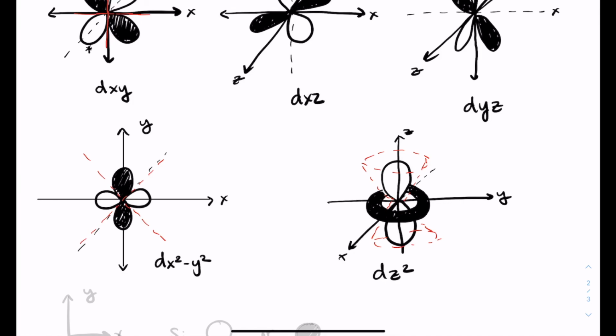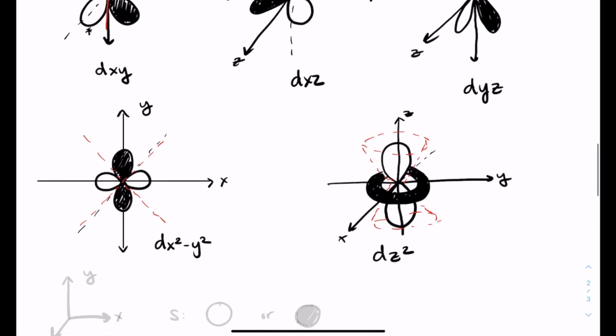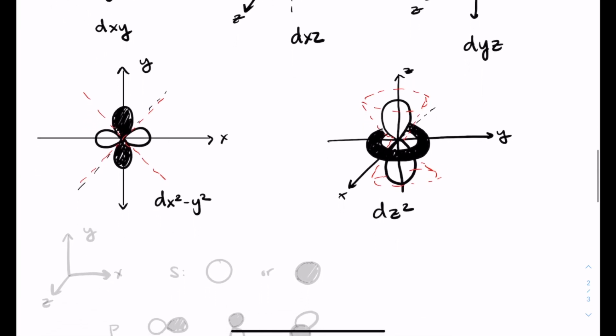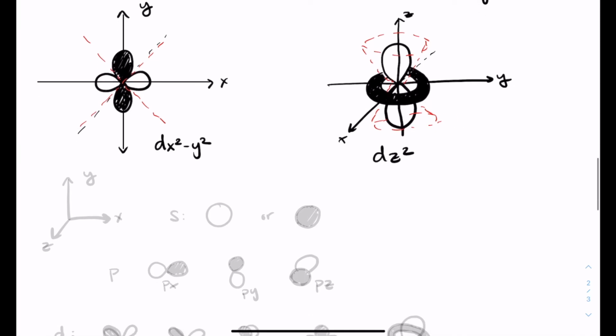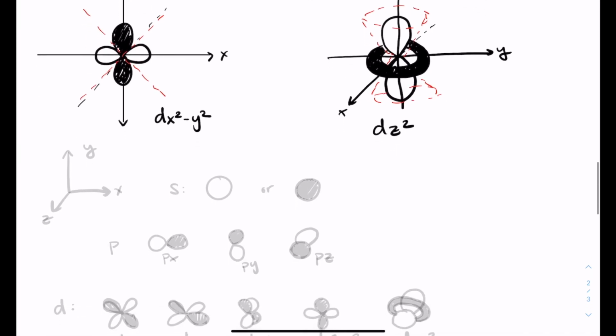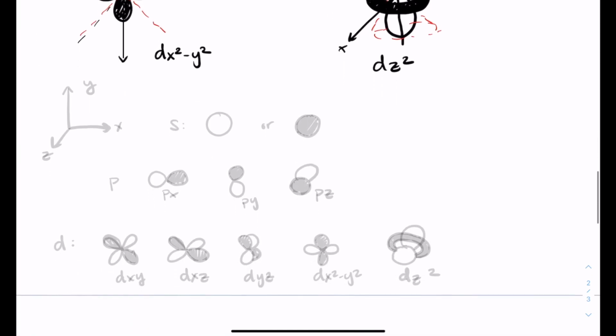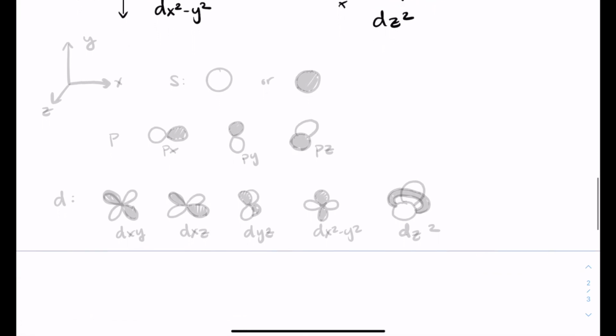I next have a set of pictures. So this is the full set of orbitals that I'd like you to be able to draw, shade, and label. I have them off the axis system. You can do whichever works for you, whatever makes more sense for you communicating the drawing as clearly as possible.